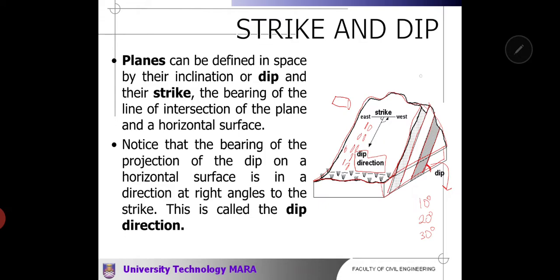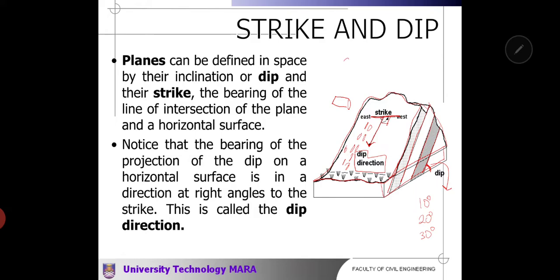And if you are sure about the dip direction, we can draw this arrow, and you can also draw an arrow here which is at right angle to your dip direction. This horizontal arrow is what we call strike.